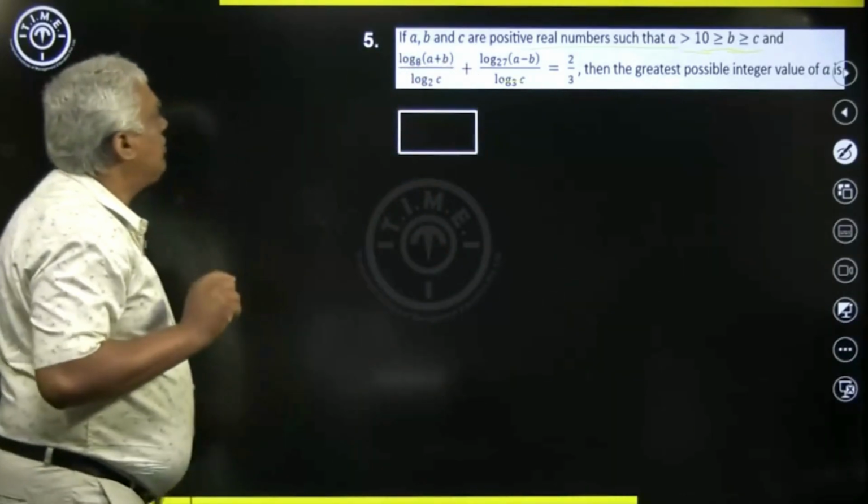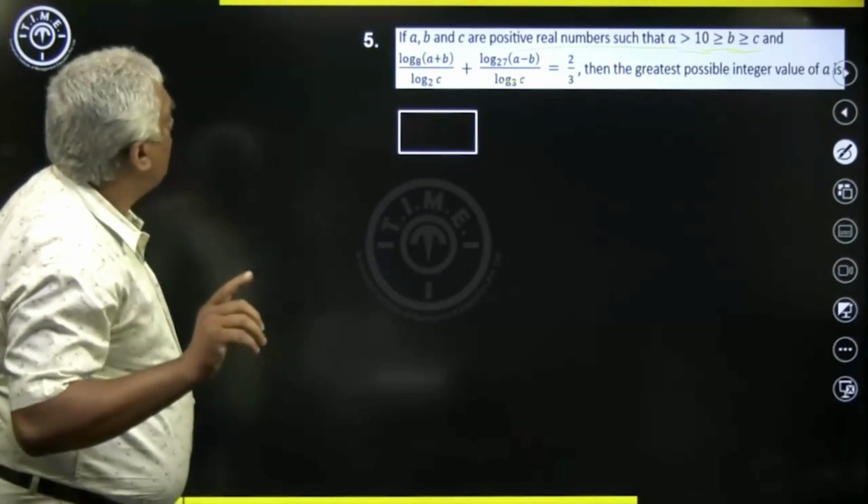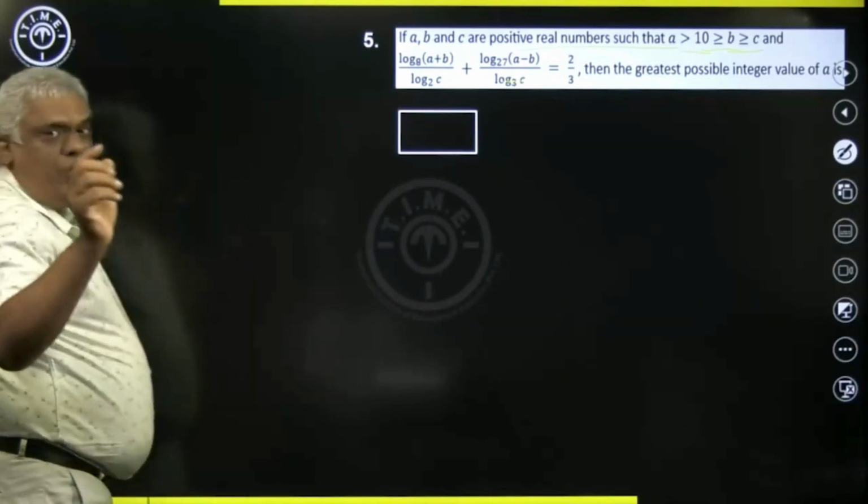Before I touch this, I'll just mention a formula.